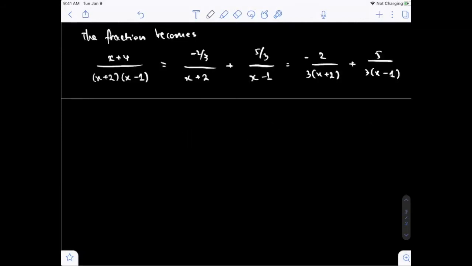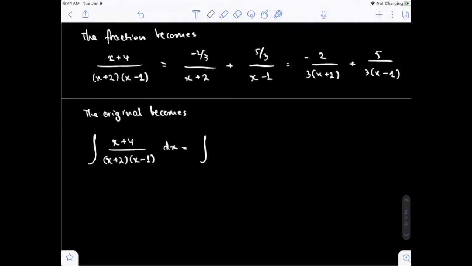So you have a big fraction, you decompose into smaller fractions. Now you can work with the integral, right? So the original integral becomes the integral of x plus 4 over x plus 2 times x minus 1 dx, which is equal to the integral of negative 2 over 3 times x plus 2 plus 5 over 3 times x minus 1 dx.